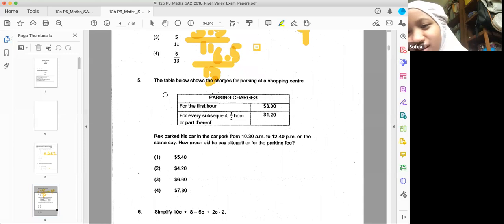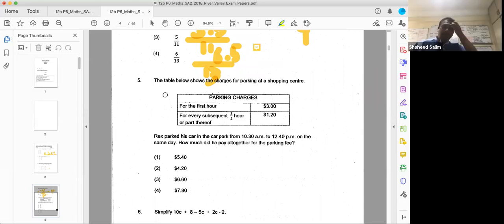Wait. Zahira, what phone are you using? Okay, anyone?